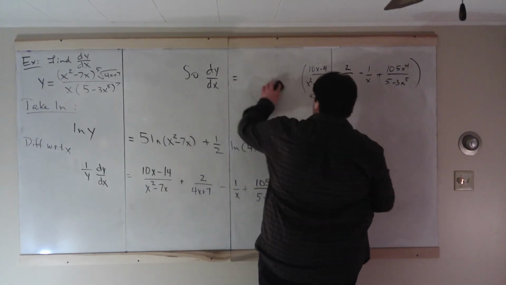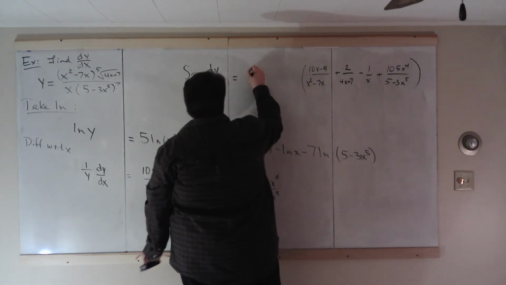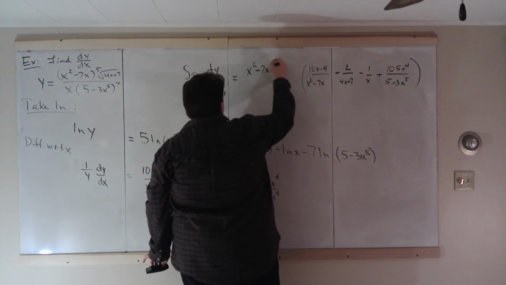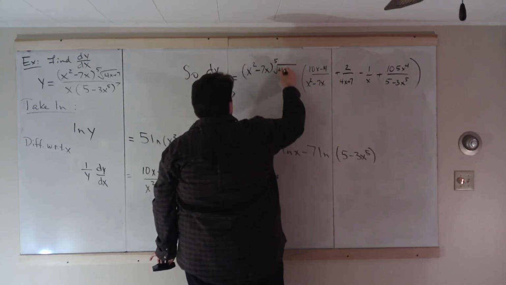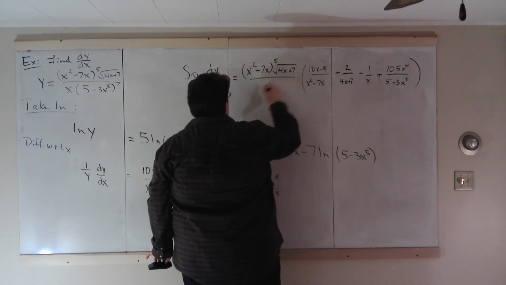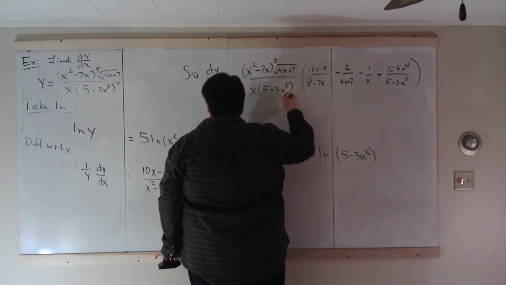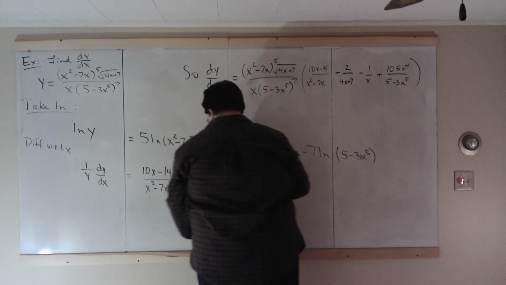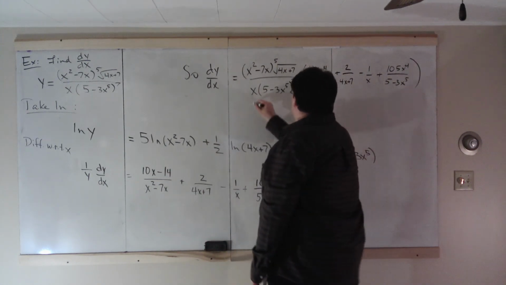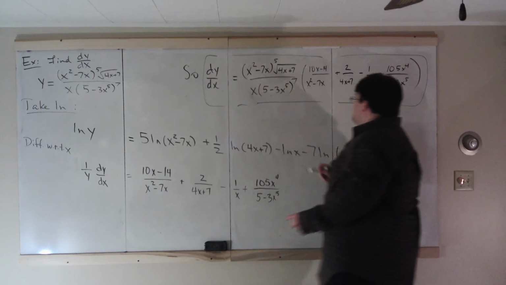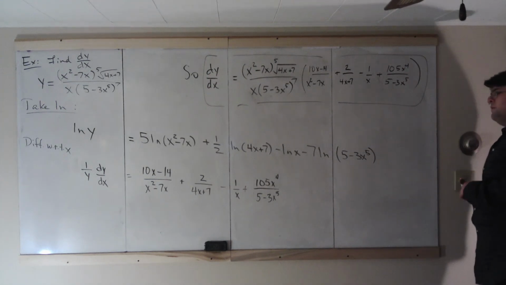And we can get rid of y, so we should. And we're left with (x squared minus 7x)^5 times root 4x plus 7 all over (x times (5 minus 3x)^5)^7. So that's our answer. You don't have to distribute.